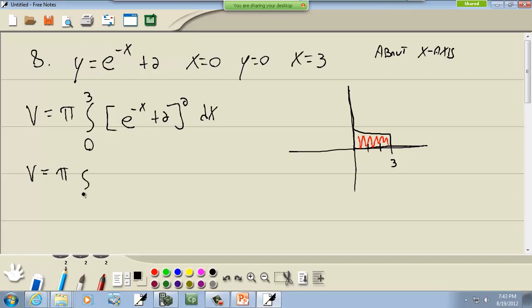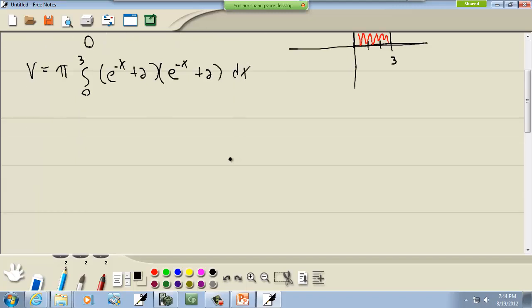So we're going to have e to the negative x plus 2 times e to the negative x plus 2 dx. E to the negative x times e to the negative x, you're going to add the exponents.